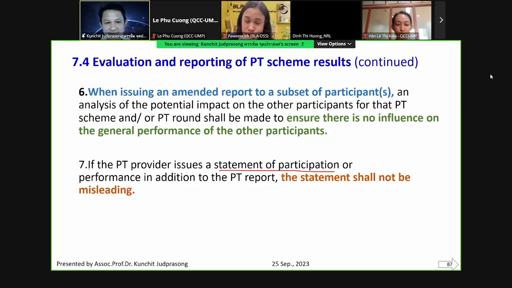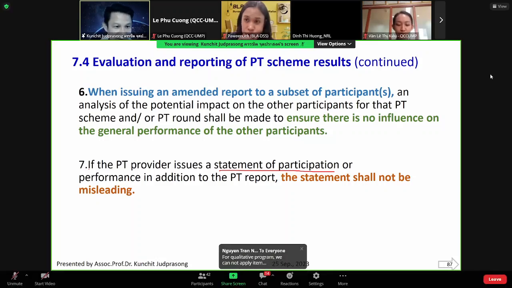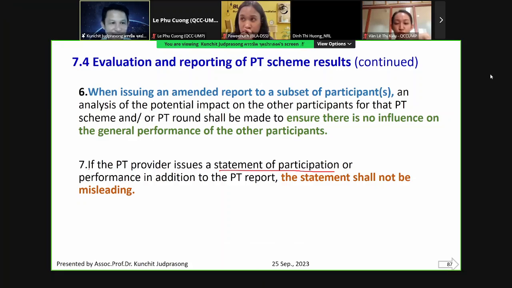This is okay for QCC, UMP. I cannot link. Okay, for the qualitative program, we cannot apply. Yes, for most of the report and design, especially for qualitative, you may say again that it is not applicable.